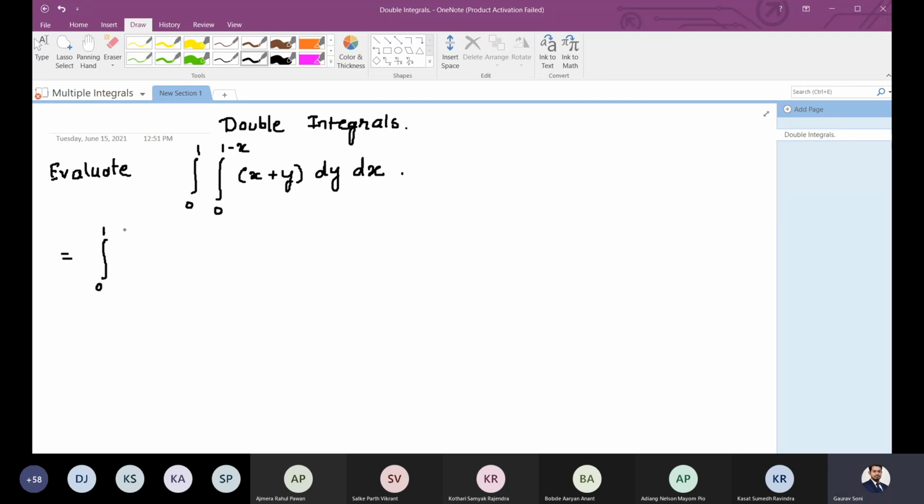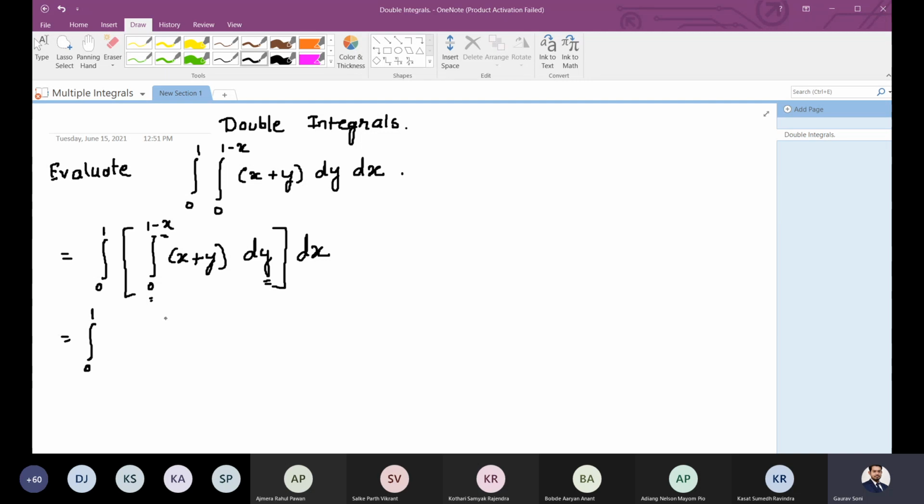You solve one integration first, 0 to 1 minus x of x plus y dy. The bracketed term's integration is with respect to y, so these limits are for y.